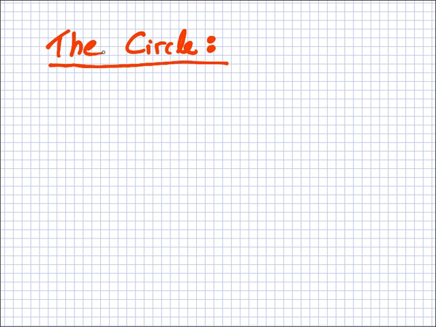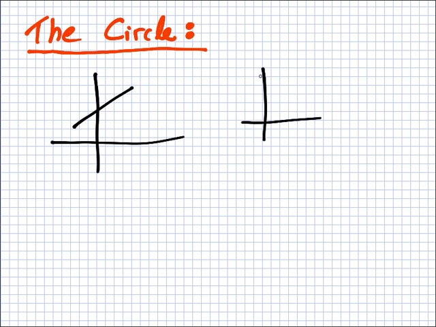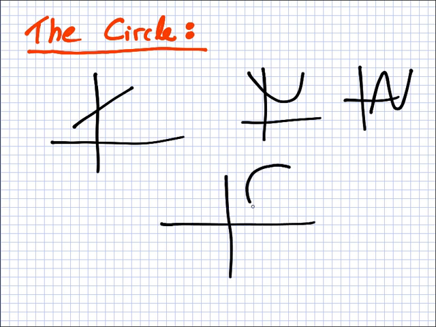Okay, the circle. So what we're looking at here is coordinate geometry, the equation of the circle. You would have seen linear, quadratic, and cubic already. So what we're having a look at now is the equation of a circle.